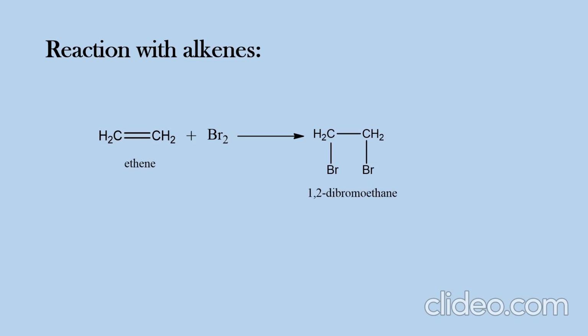The double bond breaks when bromine is added, and a bromine atom becomes attached to each carbon. The bromine loses its original red-brown color to give a colorless liquid. This decoloration of bromine is often used as a test for a carbon-carbon double bond. This is an electrophilic addition reaction, and it is complete when the color of bromine water disappears.